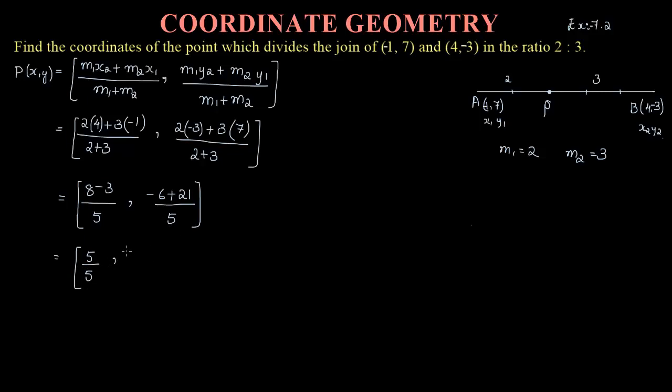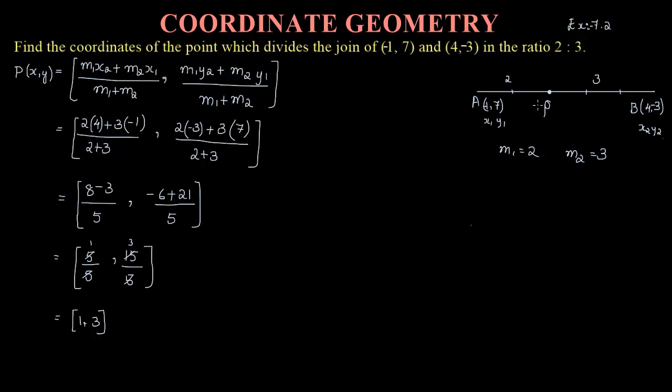How much are you going to get? You are going to get 15 by 5. One is minus, one is plus, so you subtract and keep the sign of the bigger number. 5 ones are 5, and 5 threes are 15. So what are the two coordinates you have got here? You have got 1, 3.